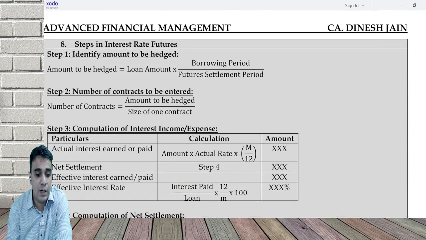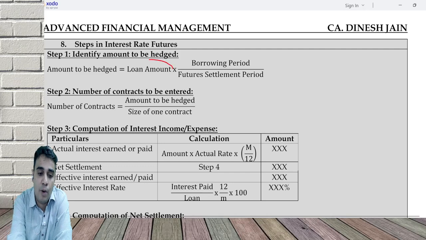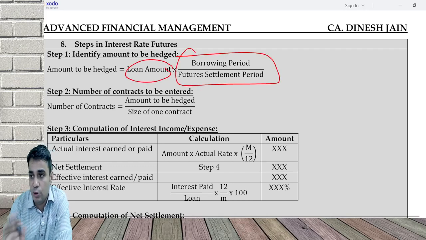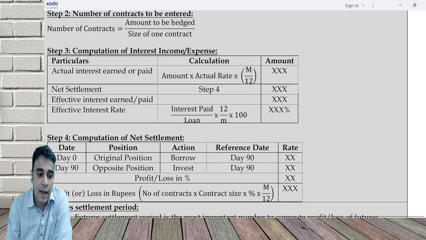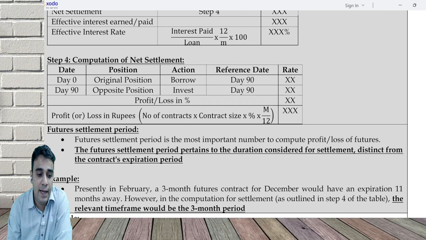Steps in interest rate futures. Amount to be hedged is equal to loan amount into the borrowing period by the future settlement period. No need to remember the formula; the logic I have told you. Accordingly you get it. Number of contracts is amount to be hedged by size of one contract. Then actual interest earned or paid, net settlement, effective interest earned or paid, and effective interest rate. For net settlement: date, position, action, reference date and rate.